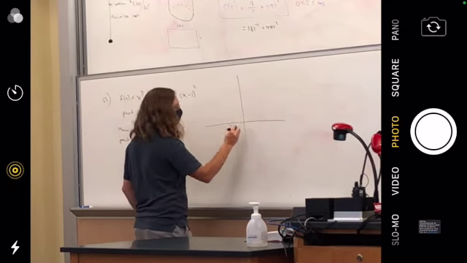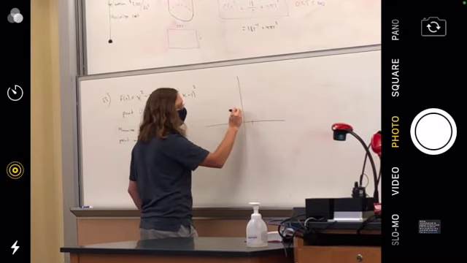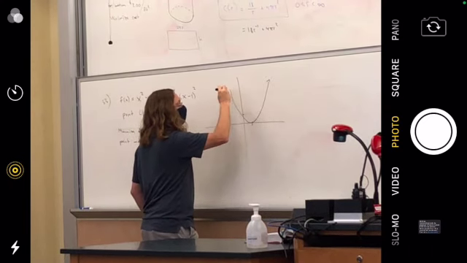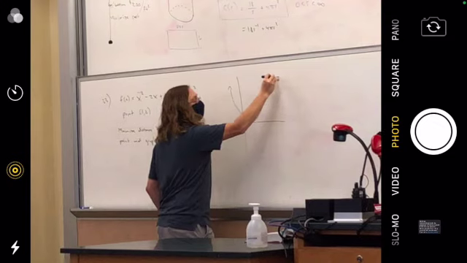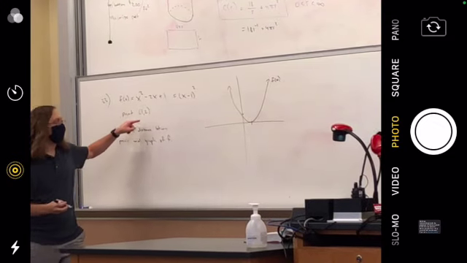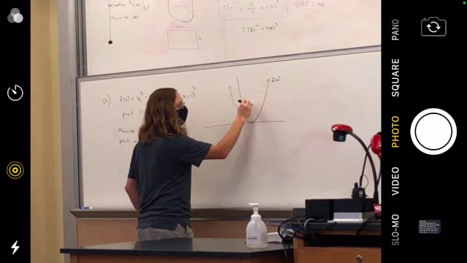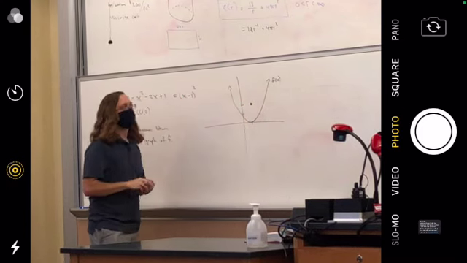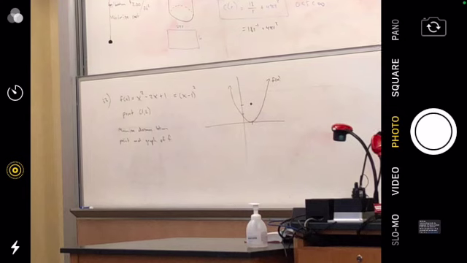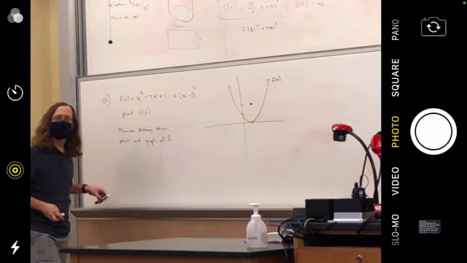So here is the graph of (x minus 1) squared. And it gives us the point (1, 2). And the question is, what is the minimum distance between this graph and the point?